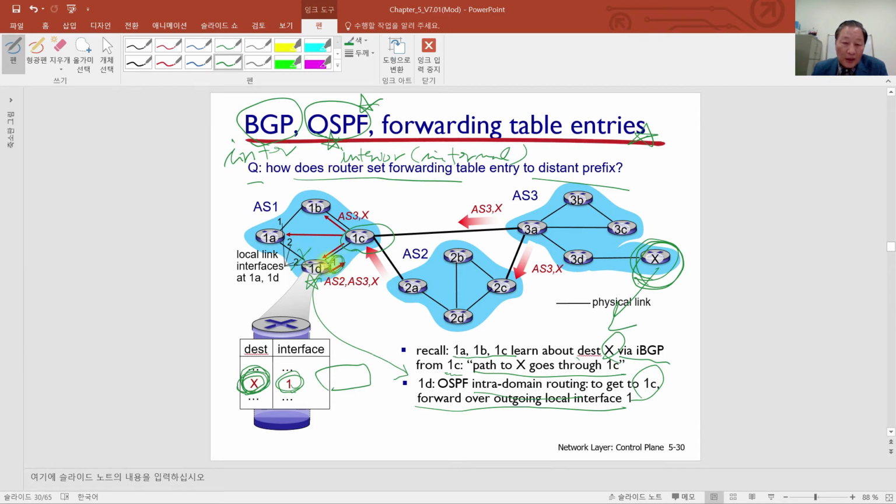There are two links, interface port numbers 1 and 2, and one will be chosen. Then this one will deliver like this. Internally, let's assume there is another link here, then when this one is choosing this path or this path, depending upon OSPF, it will choose the shortest path. That's the interior gateway protocol.